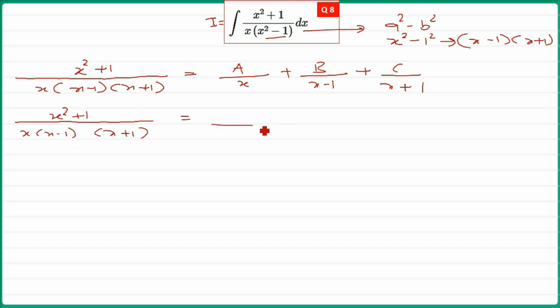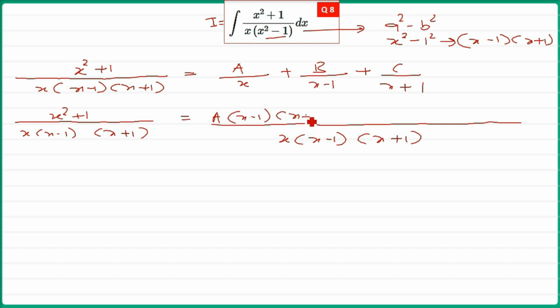In the numerator, A is multiplied by (x − 1)(x + 1), then B multiplied by everything except x − 1, so B multiplied by x(x + 1). Now C, except x + 1, multiplies x and x − 1.